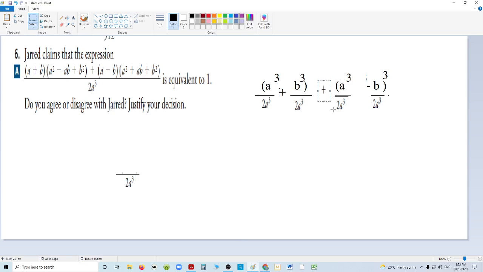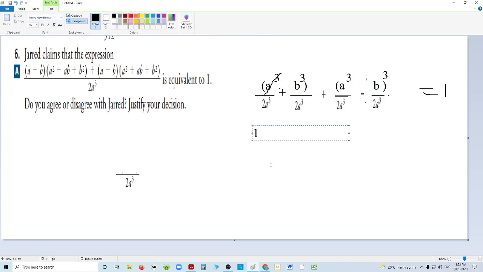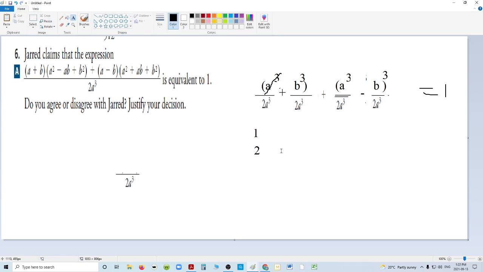So essentially they're all being added, and this last one's going to be divided. So he's claiming that it's all equal to 1. Okay, what cancels out here? The a cubed divided by a cubed leaves 1, and there's still 2 down there. So I'm left with 1 over 2, right? What cancels out here?